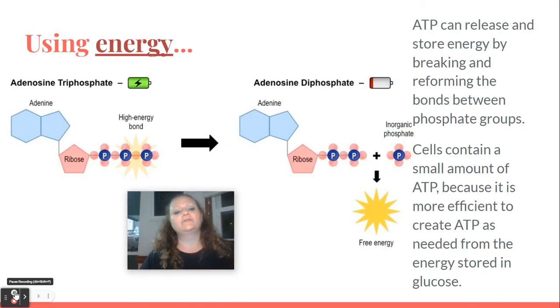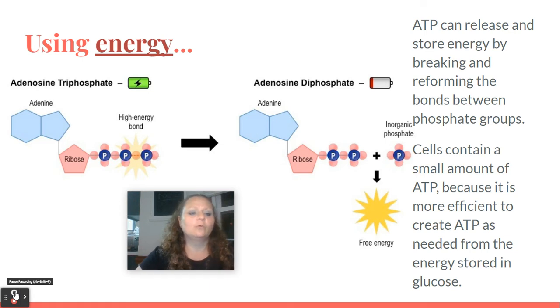The molecule that I'm showing you here is ATP, adenosine triphosphate. And if you look at the picture on the left, the one that shows the full battery, this ATP molecule, you can see the adenosine, you see its ribose, which is like a type of sugar, and then you see 3 little phosphates. That last phosphate bond holds a ton of energy.